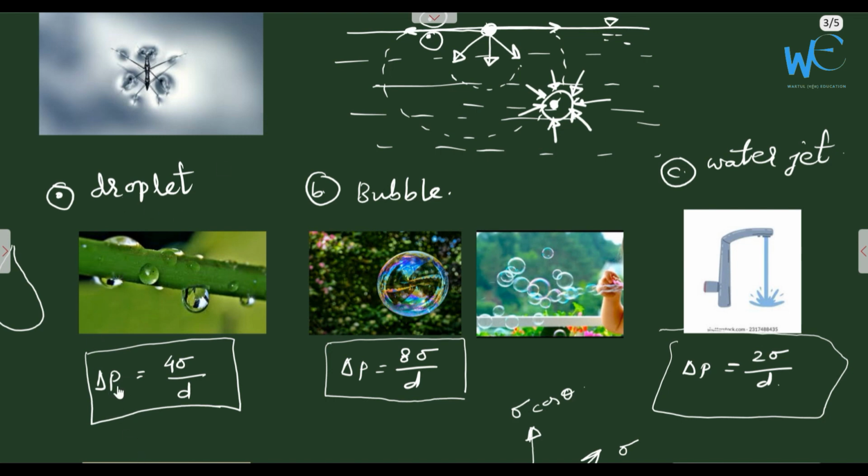A droplet has change in pressure equal to 4 sigma by d. A bubble has change in pressure equal to 8 sigma by d. Why is it 8 sigma here and 4 sigma there?